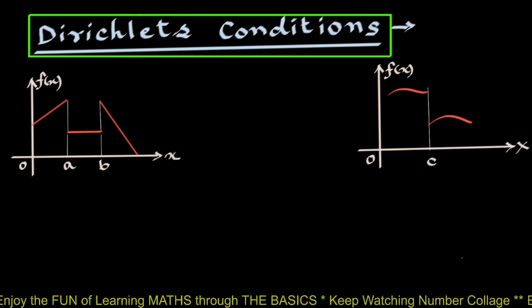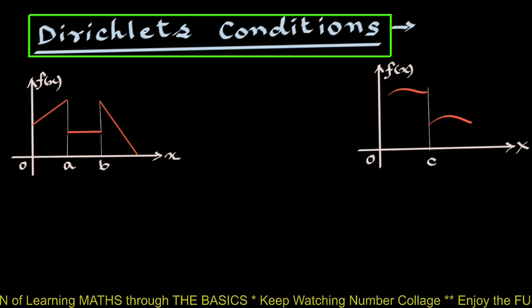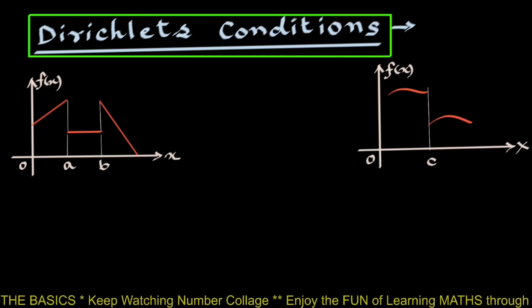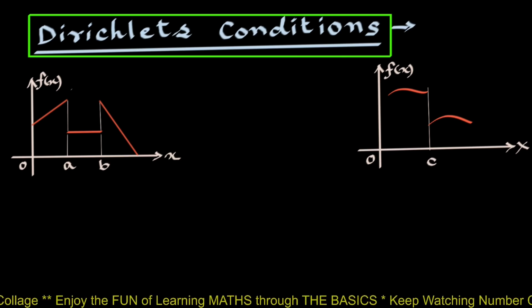According to the second condition, f(x) has discontinuities finite in number in the given range of domain. In the first graph drawn here, there are two discontinuities.